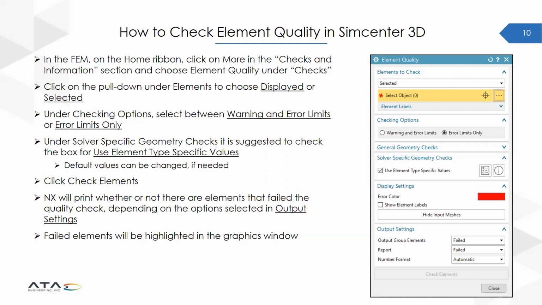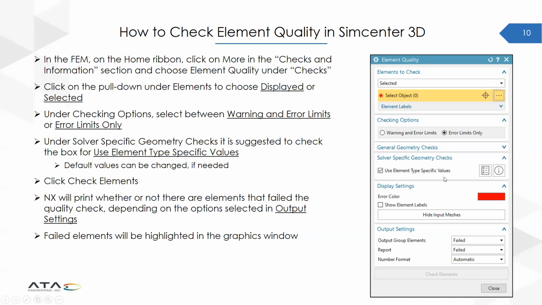The benefit of either is not straightforward, but in general, using error limits only makes things a little bit less ambiguous. Then, skipping over general geometry checks, it is suggested under the solver specific geometry checks to check the box that says use element type specific values.